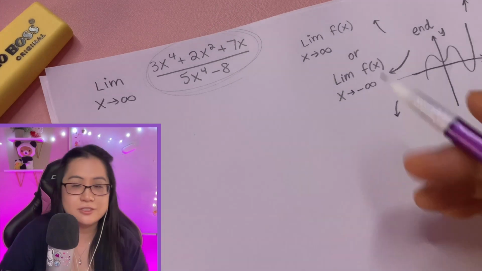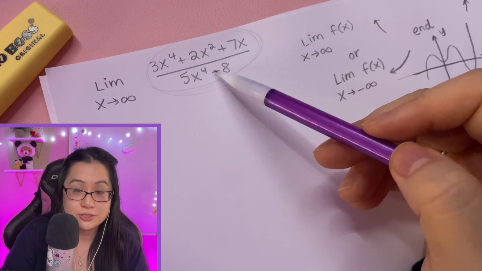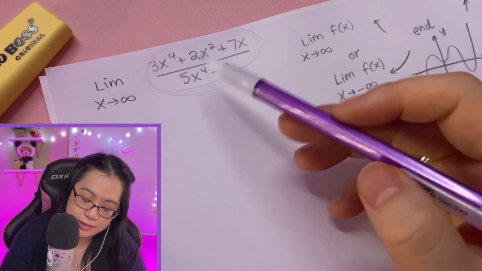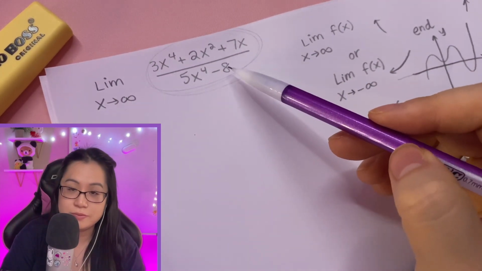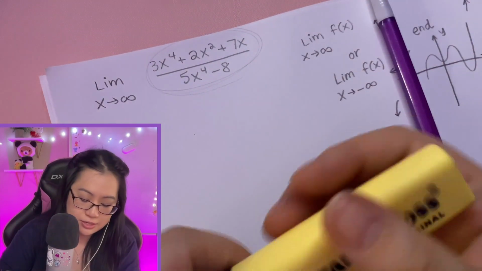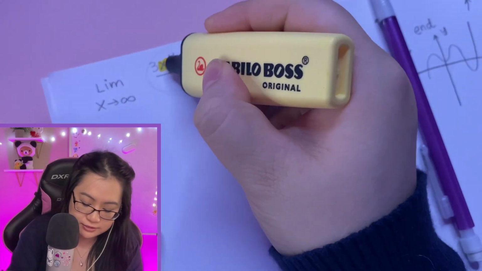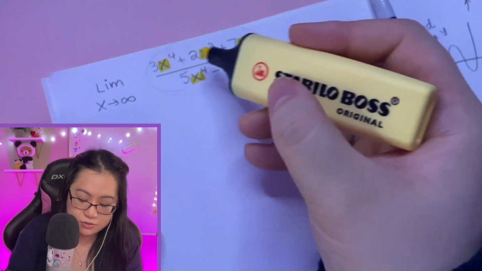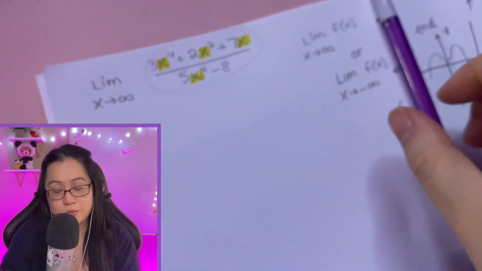So for this particular exercise, I see that I have a rational function, so it's stuff over stuff. And I also notice that I have a polynomial over another polynomial. And why is it that I know that these are polynomials, or how do I know that? Well, I see that I have x's, so those are my variables, and they are all on the base, and the x's are raised to whole numbers.